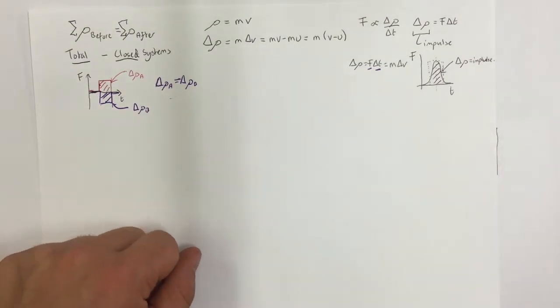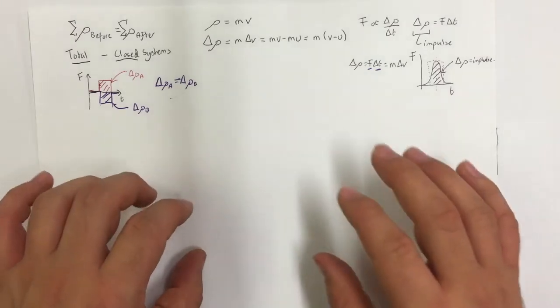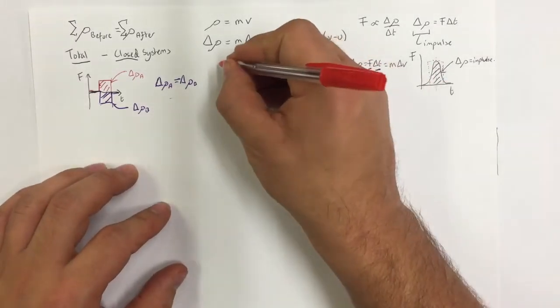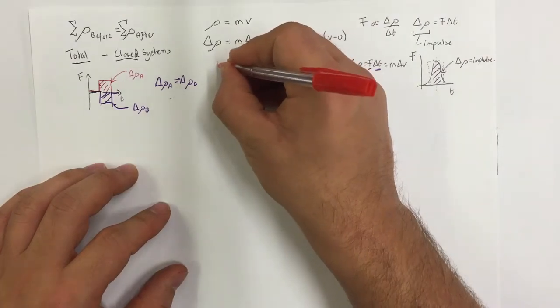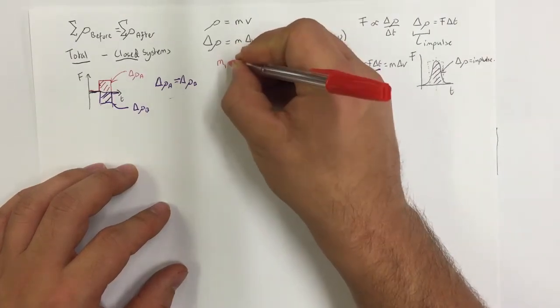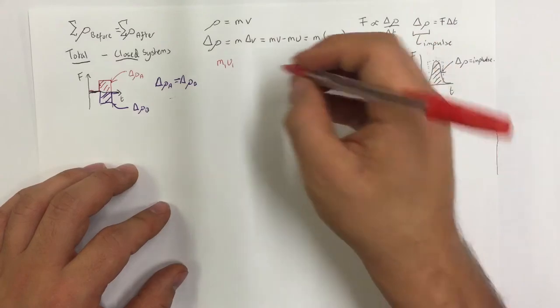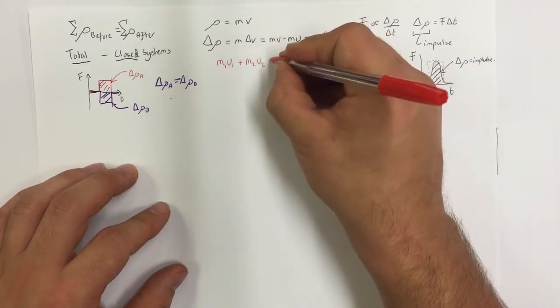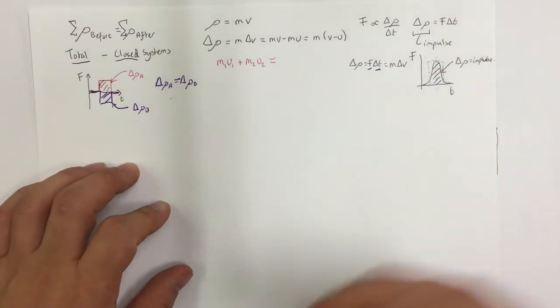Now, if we look at situations where we have collisions, then there are three possibilities that we could have. So the first is that I have two objects that are going to collide with each other, m1, which will have its initial velocity, and m2, which will have its initial velocity, and they will collide with each other and then bounce off.